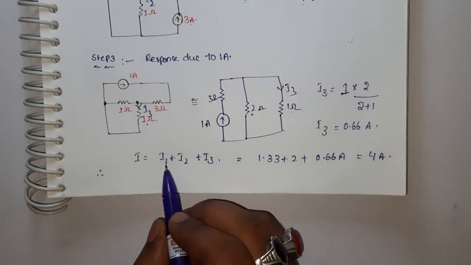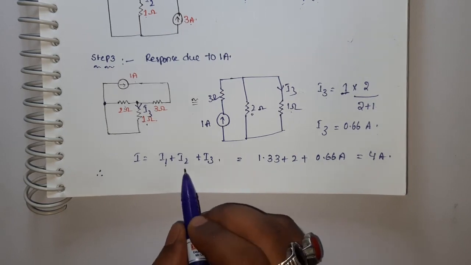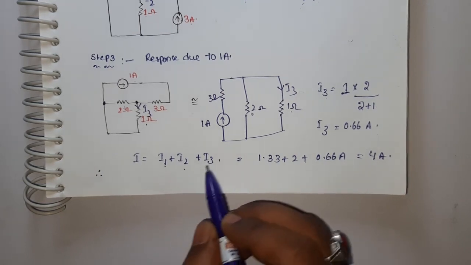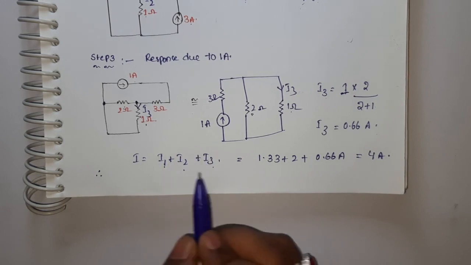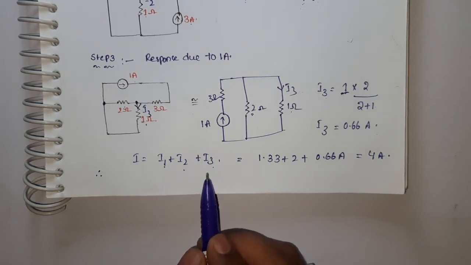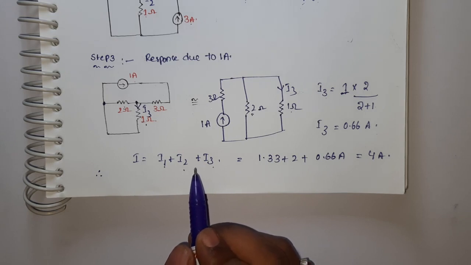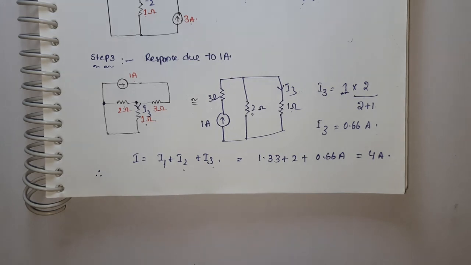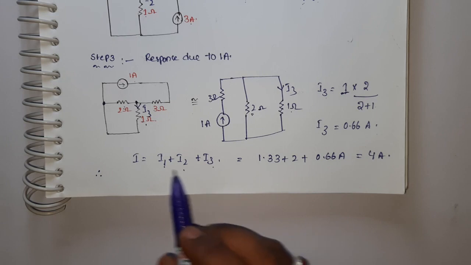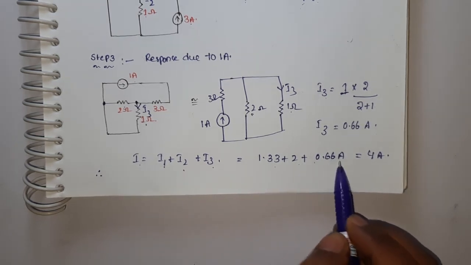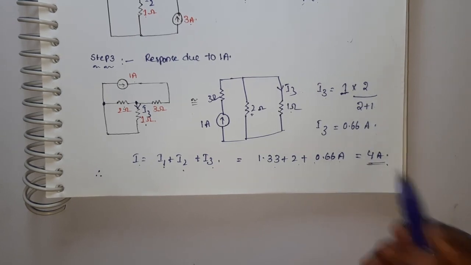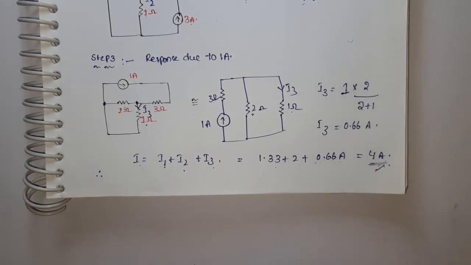So I1 is the current due to the 4 volt voltage source, I2 is the current due to the 3 ampere current source, and I3 is the current due to the 1 ampere current source. We found out the individual responses. When we sum up, this will be equal to the total response of the circuit according to superposition theorem. So total current I equals 1.33 plus 2 plus 0.66, which is equal to 4 ampere. 4 ampere is the answer.